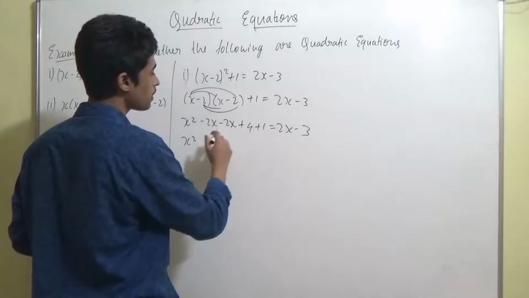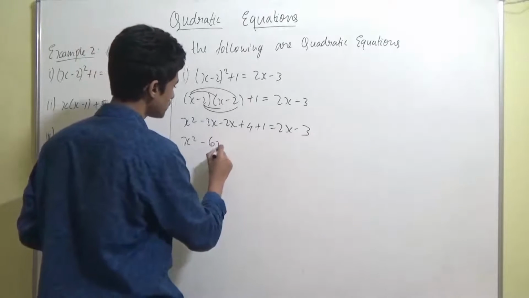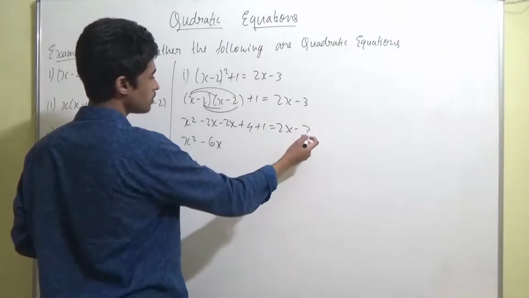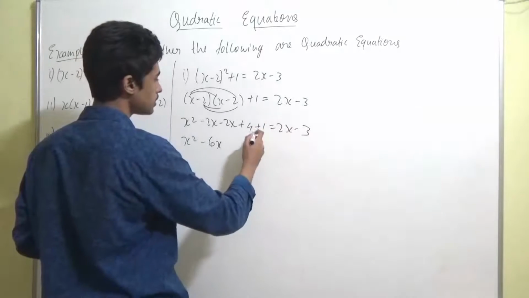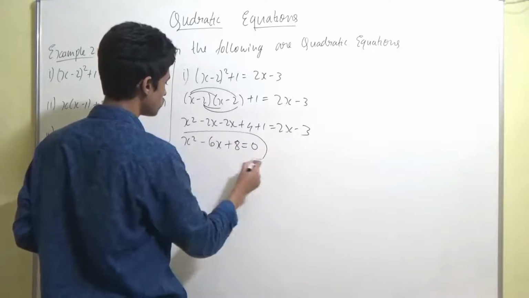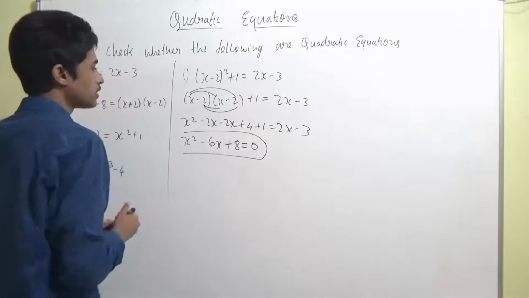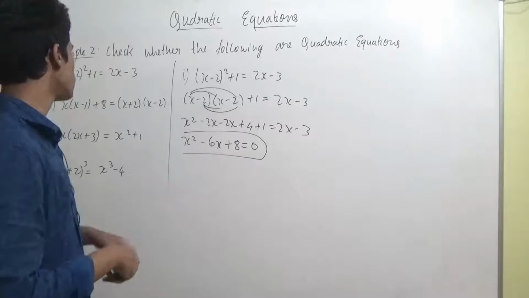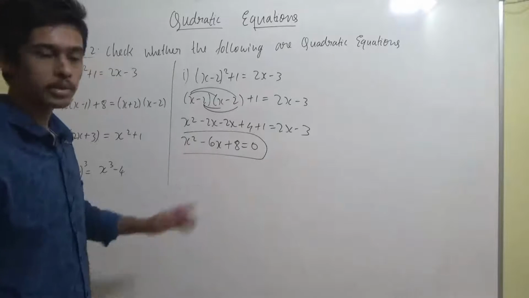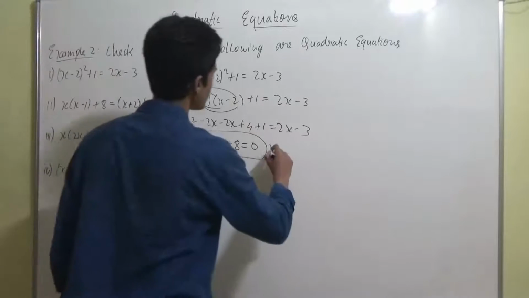Again from here one more minus 2x will come, so it becomes minus 6x in whole, and this will become plus, so this is 5 here, and this minus 3 will come this side and become plus 3. So 5 plus 3 becomes plus 8 equal to 0. So this becomes your final equation, guys, after simplification. So what type of equation is this? This is a quadratic equation. So yes, it is a quadratic equation.